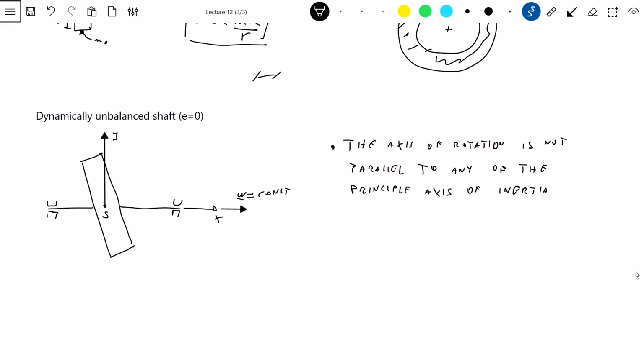We call this angle phi, the angular error.